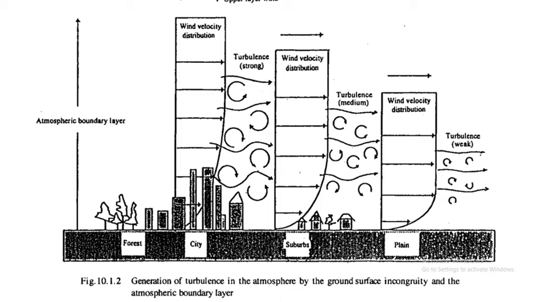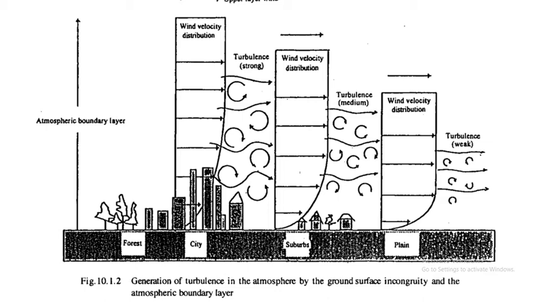What about the wind velocity? Wind velocity and turbulence change with respect to altitude. Altitude means height in the atmospheric boundary layer. Wind velocity is weak near the ground surface due to the drag force of the ground, but it increases at a higher altitude. Are you clear?